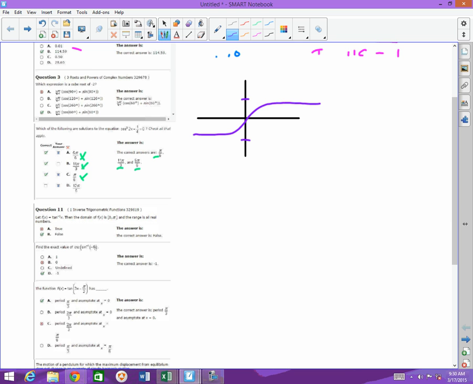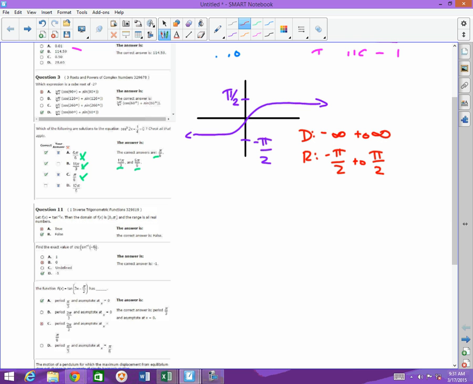From there to there, and this is negative pi over 2, and that is pi over 2. And it goes on forever and ever. So the domain for it would be from negative infinity to infinity, and the range is from negative pi over 2 to pi over 2.